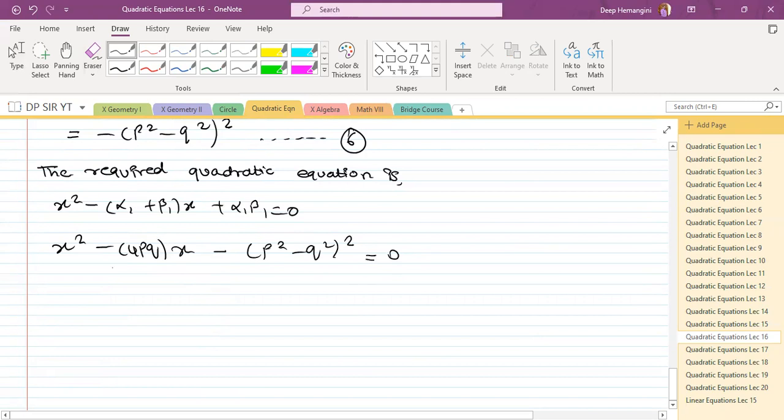Okay. So therefore the required, therefore x square, let me use some different pen.